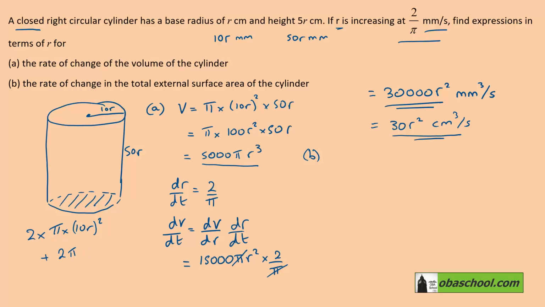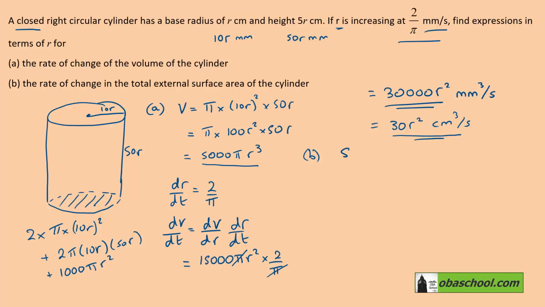Of course, here the radius is 10r and the height is 50r. So that's going to be 10 times 50 is 500, times 2 is 1,000 pi r squared.